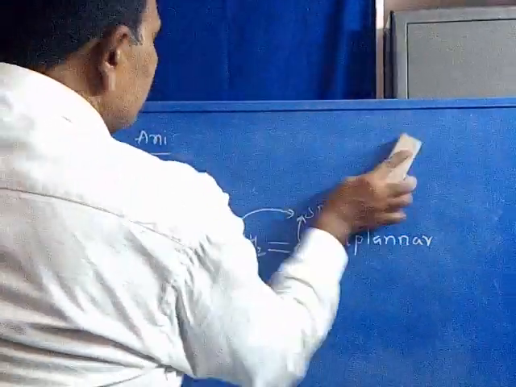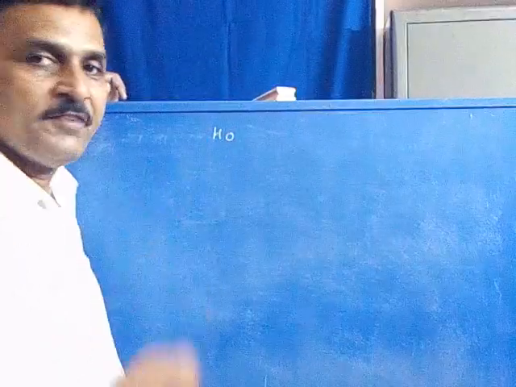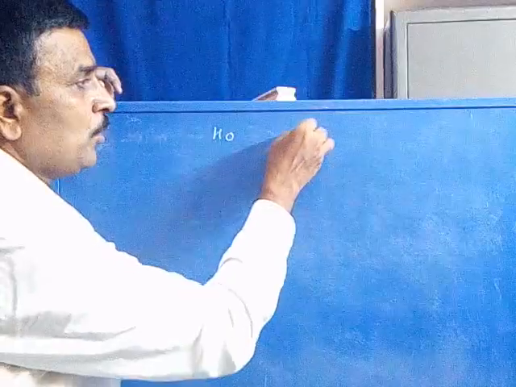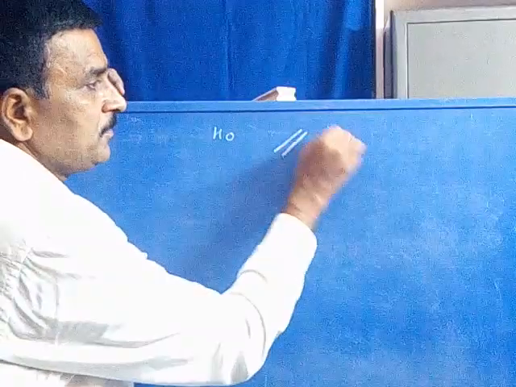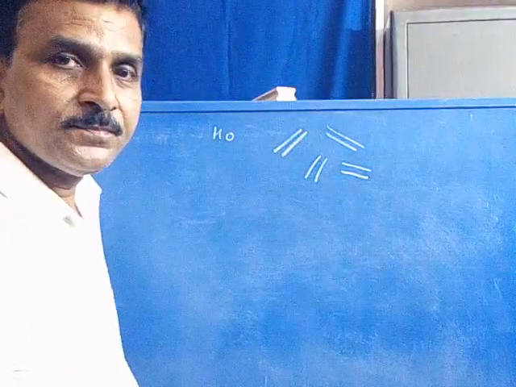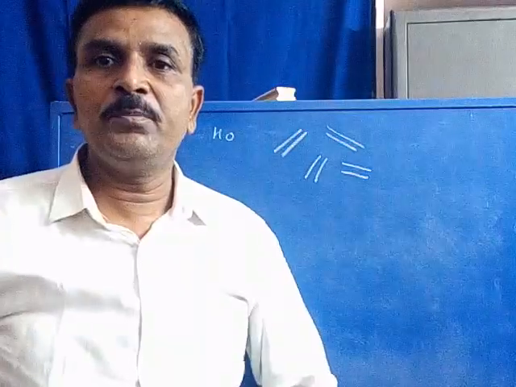Now, before the application of external magnetic field, the alkene or ethylene is oriented randomly like this. It is a planar molecule because the two carbons are sp2.